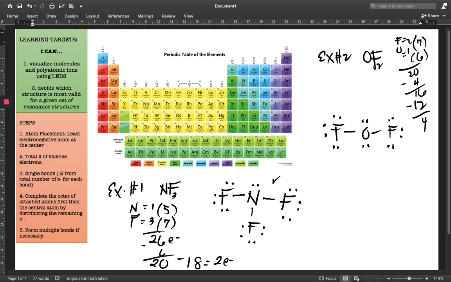And we check whether we have completed an octet for fluorine and oxygen. So 1, 2, 3, 4, 5, 6, 7, 8. So this is minus 4 such that we won't have any valence electrons left. Therefore, we have arrived at the Lewis structure of oxygen difluoride.